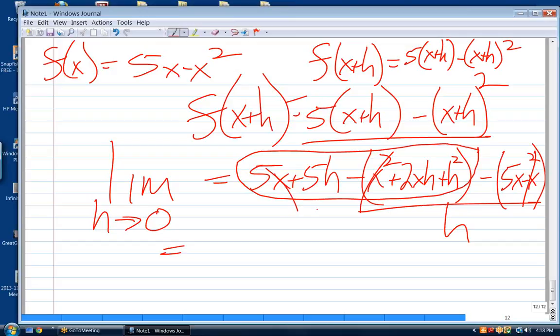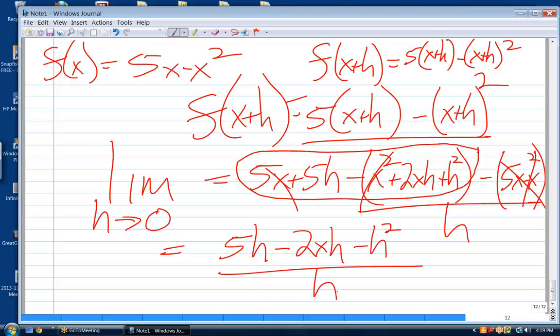I have a 5x minus 5x, those cancel. What I'm left with in the numerator is 5h minus 2xh minus h squared. That's it, all over h. And I want the limit of this thing as h goes to 0.